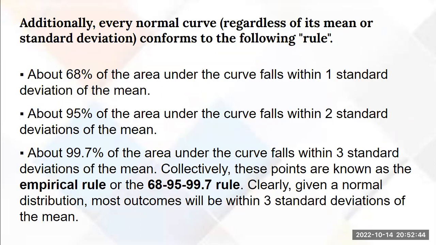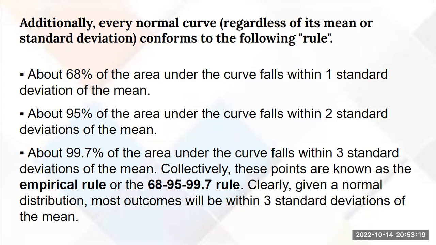Additionally, every normal curve, regardless of its mean or standard deviation, conforms to the following rule. So this rule is called the empirical rule. That is 68, 95, 99.7. So about 68% of the area under the curve falls within one standard deviation of the mean. About 95% of the area under the normal curve falls within two standard deviations of the mean.